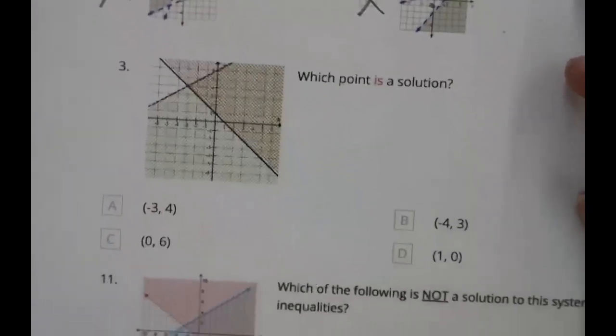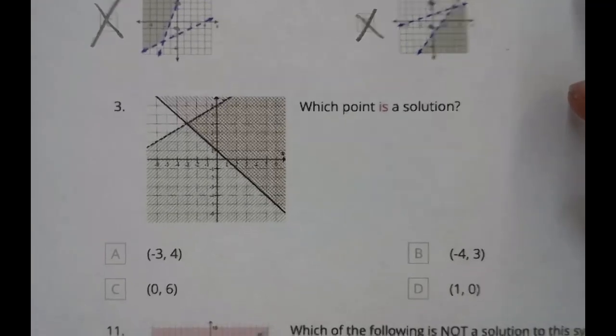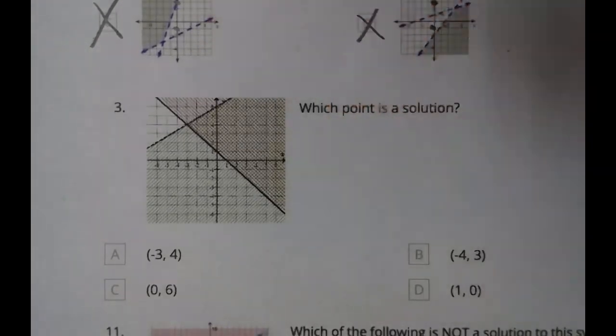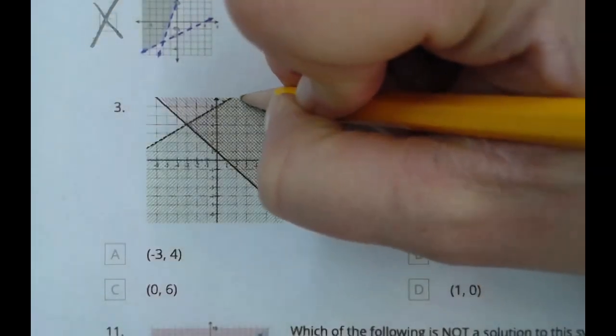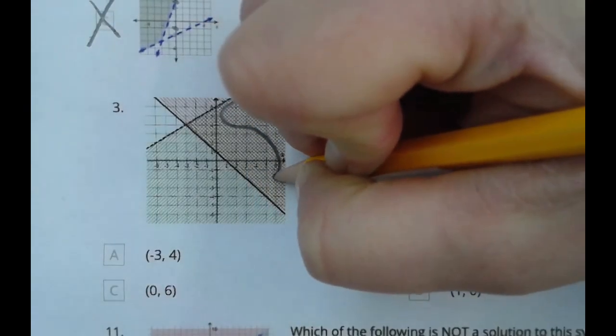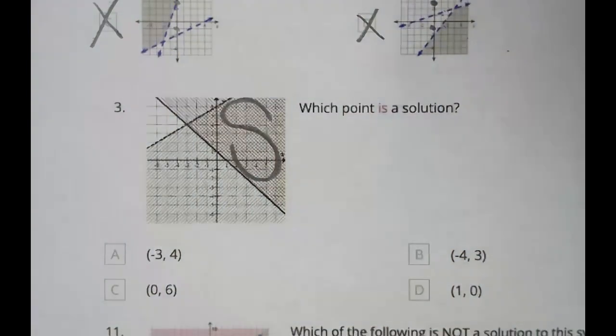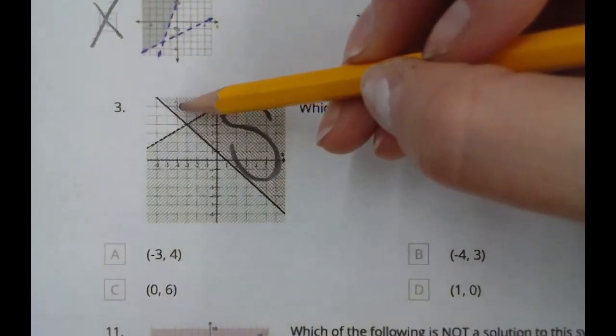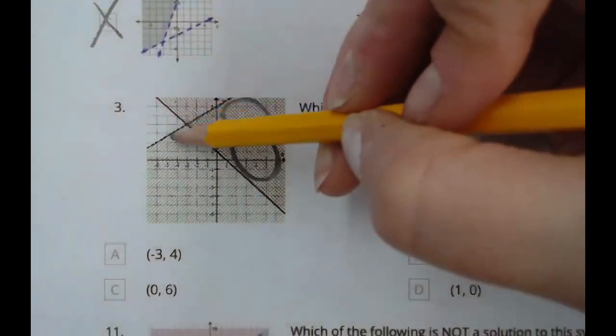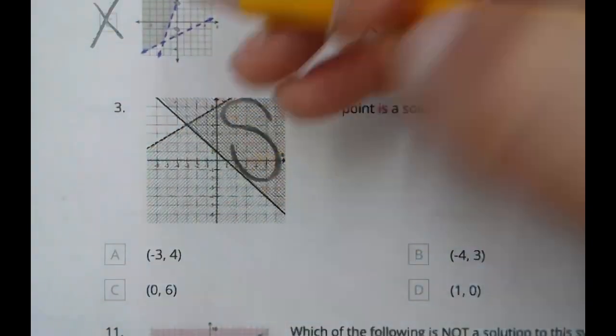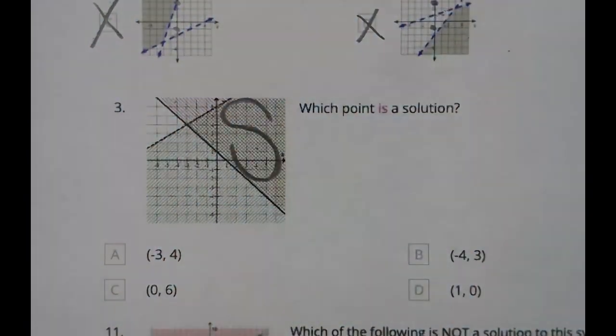All right, let's move here to number 3. Which point is a solution? So looking at the graph, these are our solutions here in the yellowy color, right? The first line is shaded in the red above. This line here is shaded in the green below, and then they come together in this yellow.